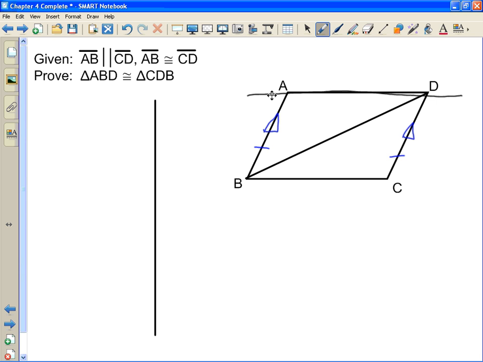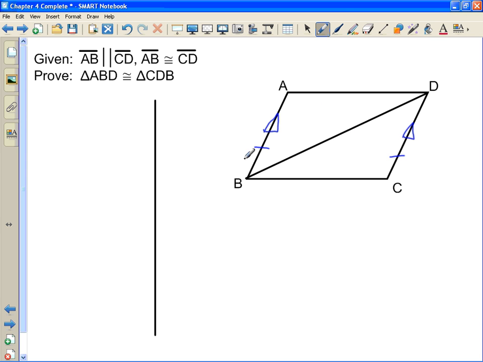I could use that to get this angle to this corresponding angle, but that's not really going to help me get in my two triangles here, because I'm trying to get parts of this triangle and parts of this triangle. So that's not going to help me. Really, that's the only ones that I could use with that one. I could use this transversal here. Okay, that looks like a more likely candidate.